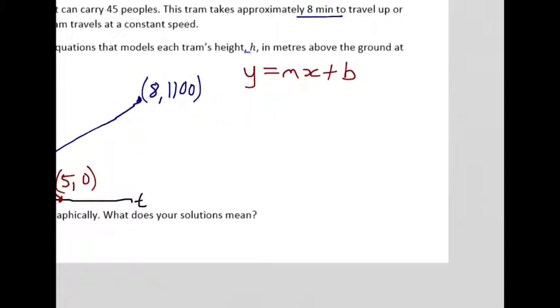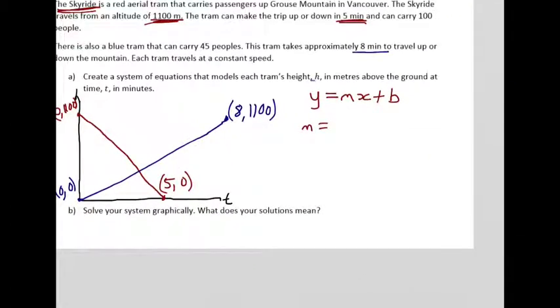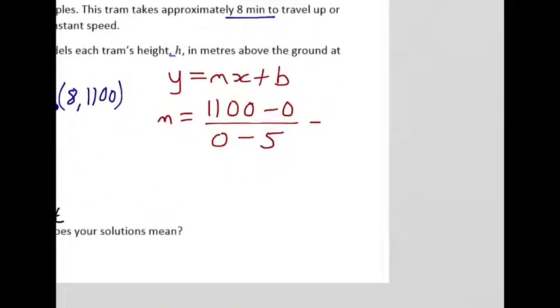Okay, so the slope of the red line would be, let's see, (1100 minus 0) over (0 minus 5). So that's just 1100 over negative 5. Let's see, what would that reduce to? It'd be negative 220 for my slope.